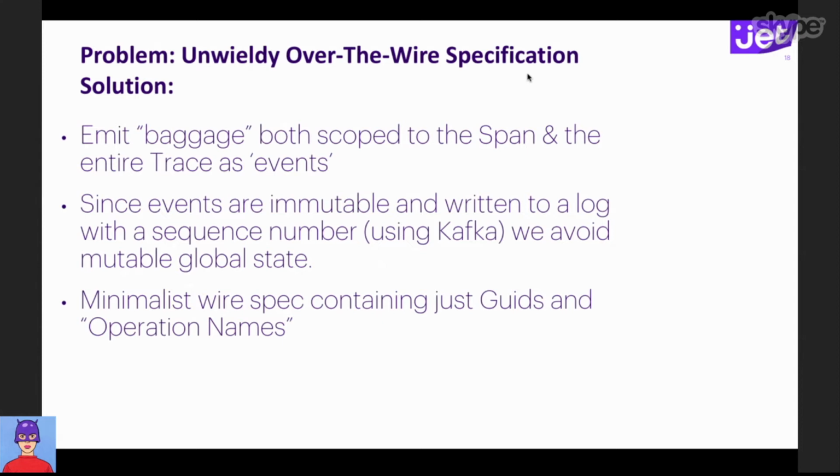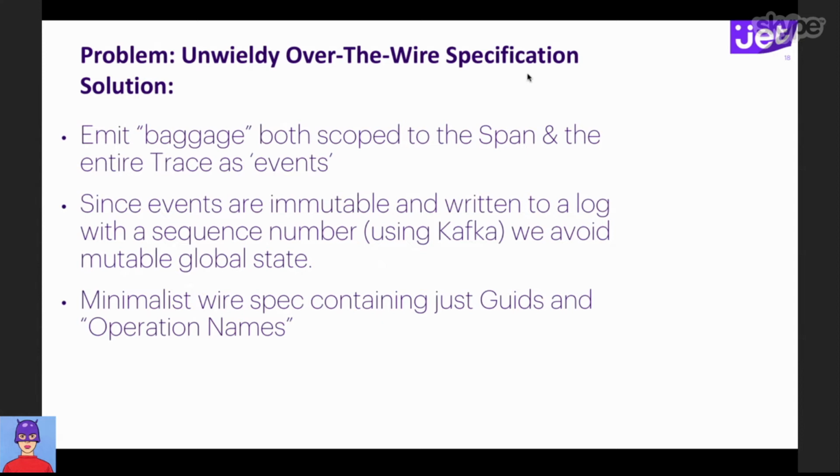We'll get into what propagation is in a moment, but baggage is essentially just key value pairs that scope across the whole trace. Remember that query I asked about a given merchant? Well, in this case, baggage would be maybe merchant ID and then the ID number, right? So it's a key value pair that gets propagated as these events are happening within your service.